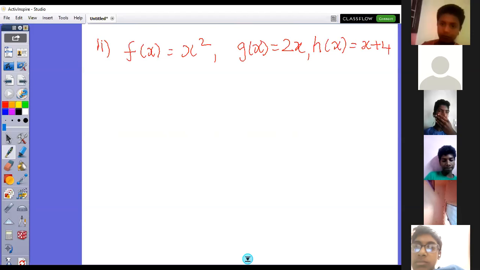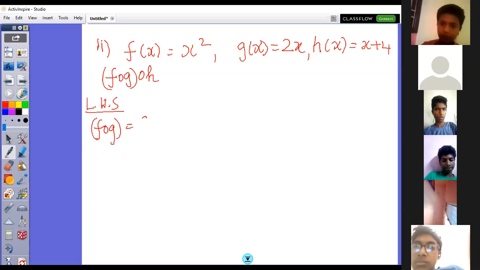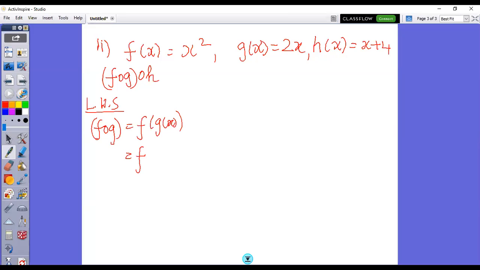First, let us prove F composite of G composite of H. LHS: first to find F composite of G equal to F of G of X. G of X value is 2x.